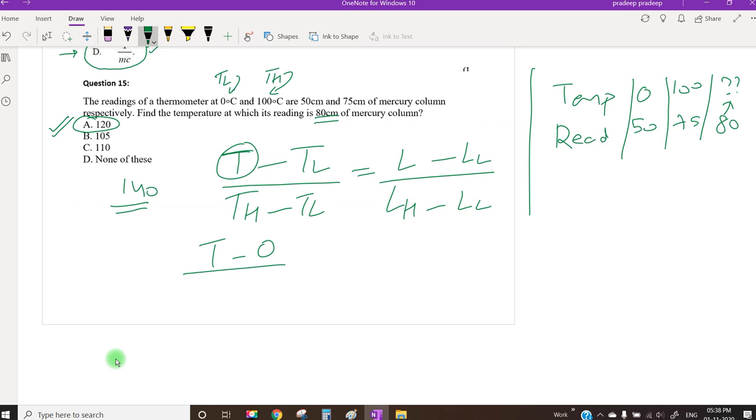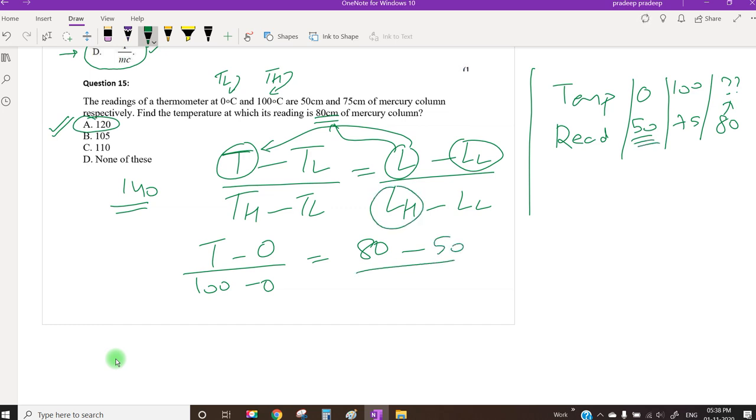TL is 0. The high temperature is 100 minus 0. L is the length at that temperature, which is given to you as 80. LL stands for the reading at the low temperature, which is 50. And LH means the reading at the high temperature, at 100 degrees Celsius, which was 75. Now, Smera, if we solve for this, we should get T equal to 120.